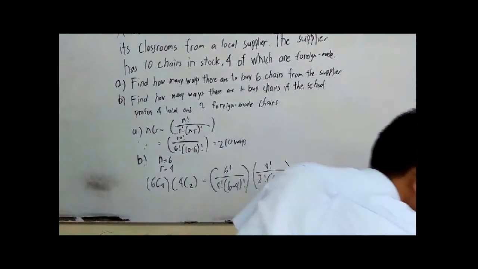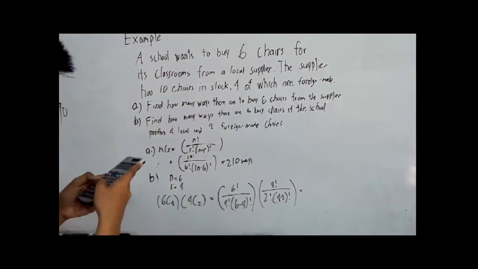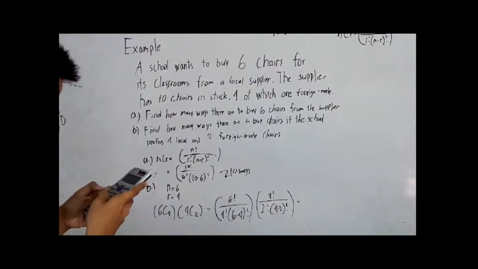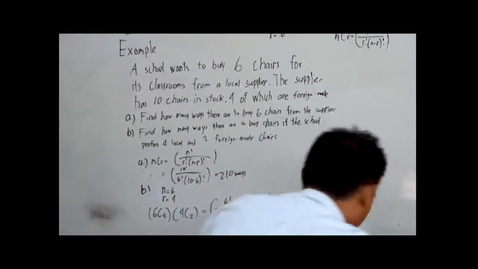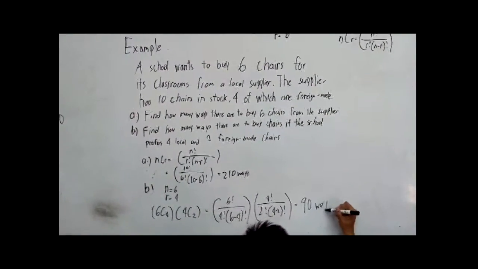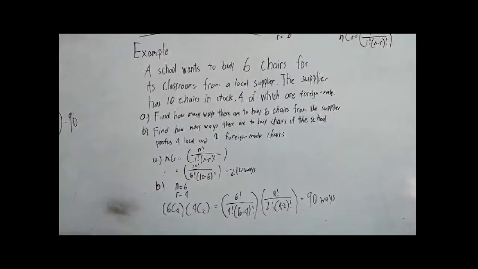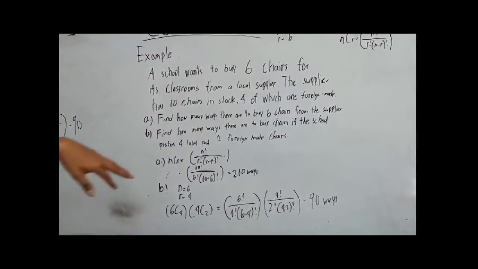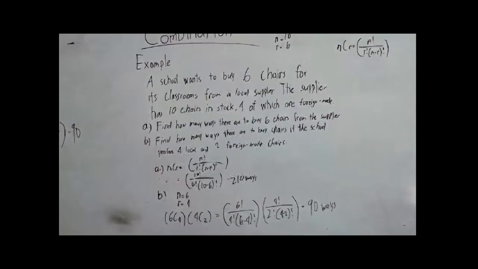This equals 90 ways. So there are 90 ways that they can buy chairs if the school prepares 4 local and 2 foreign made chairs.